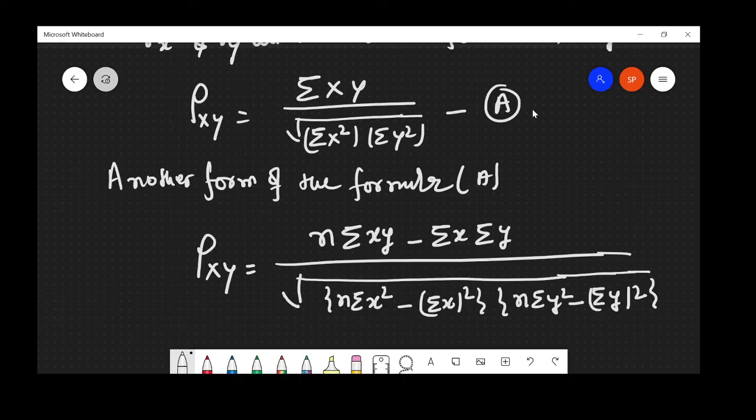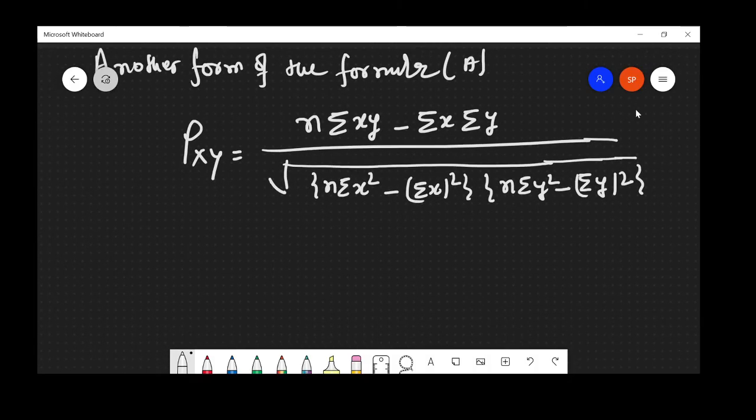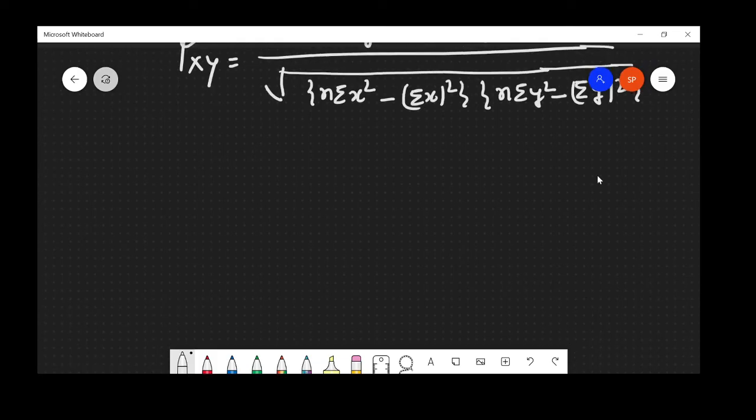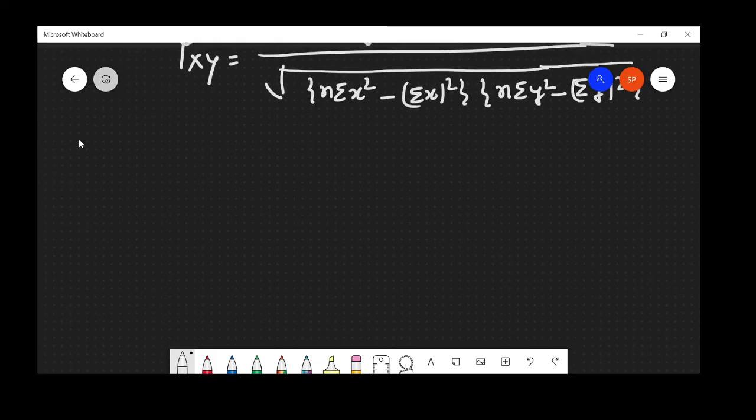This is the formula we can write in a simple way.